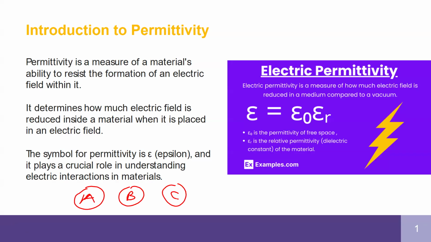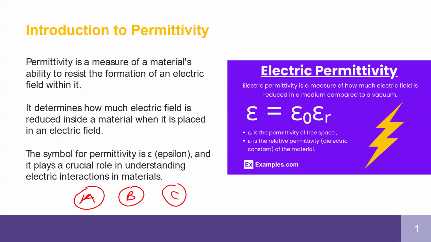So therefore, permittivity is an indication of whether a material can be used to conduct, or can be used as something in generating electricity, like a wire. So different materials, different wires, have their own permittivity.